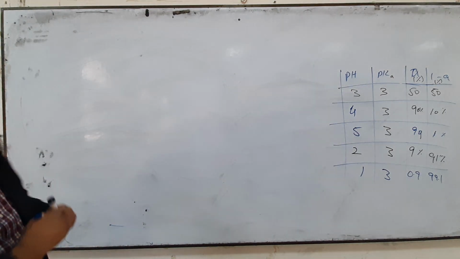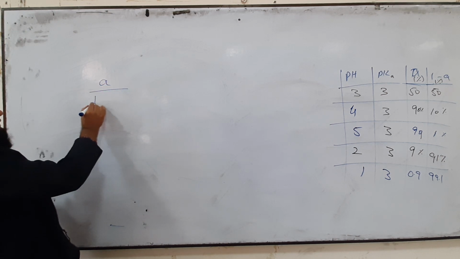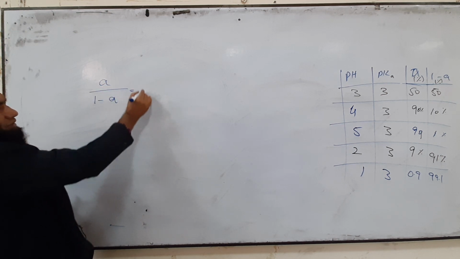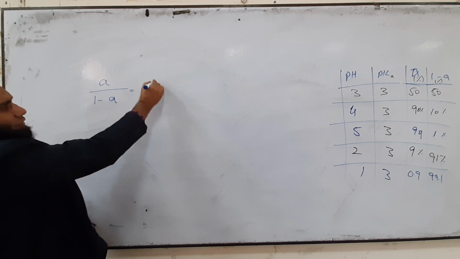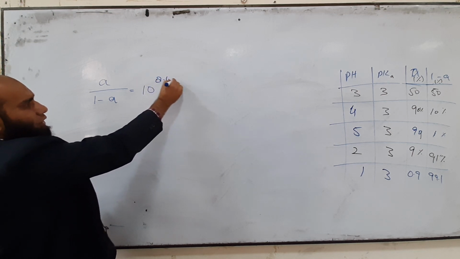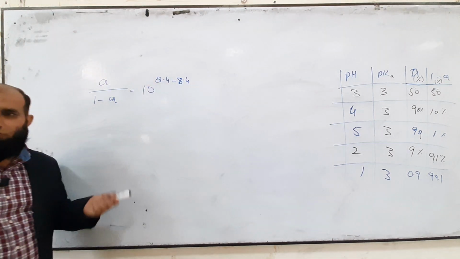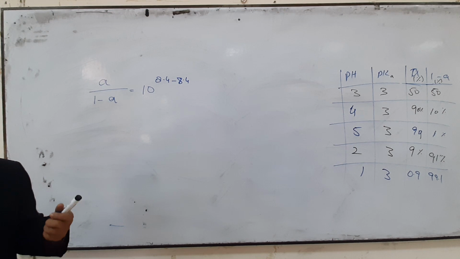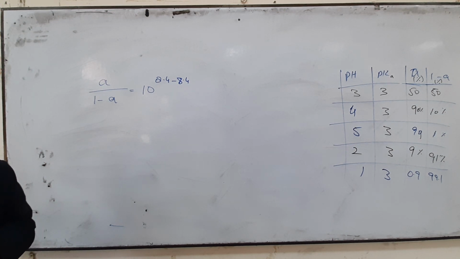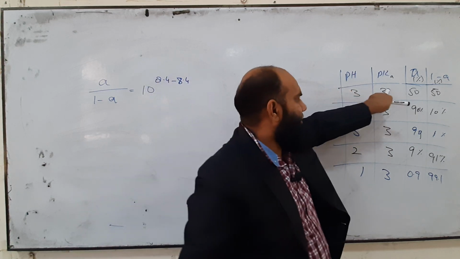For example, for a weakly basic drug, ionized divided by 1 minus ionized equals 10 raised to the power pKa minus pH. pKa of the drug is 8.4. Assume the pH of the blood is also 8.4. Then what will happen? Same pH, same pKa.